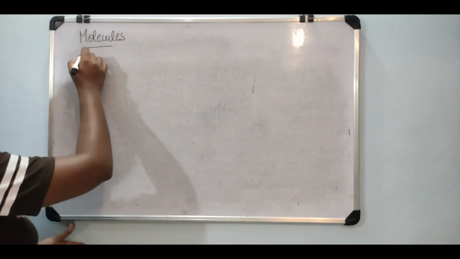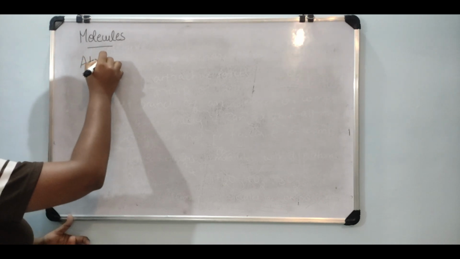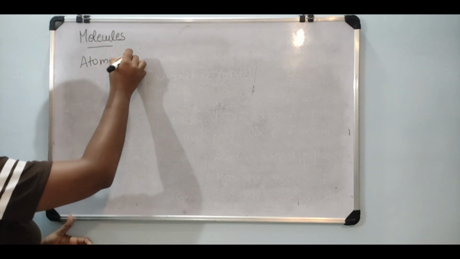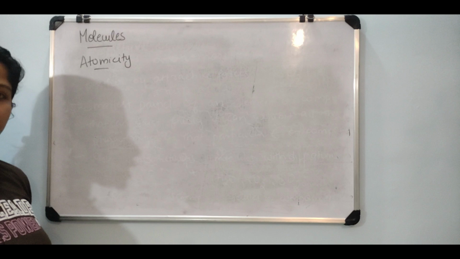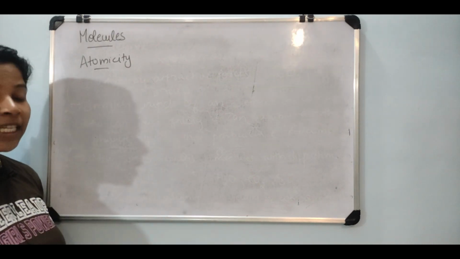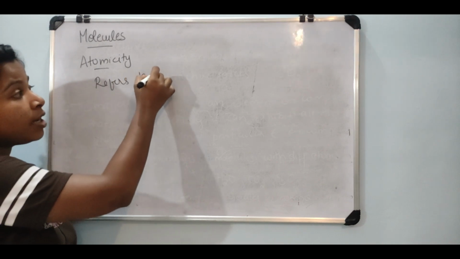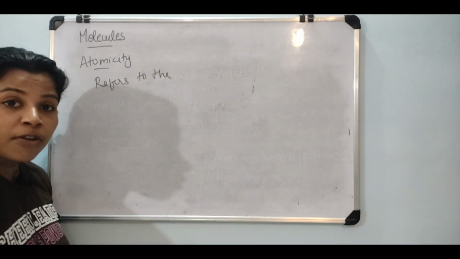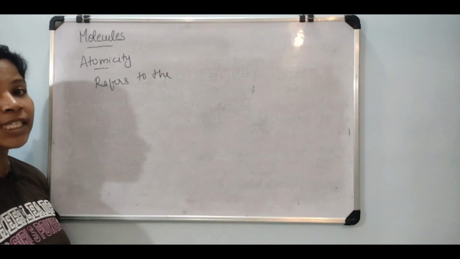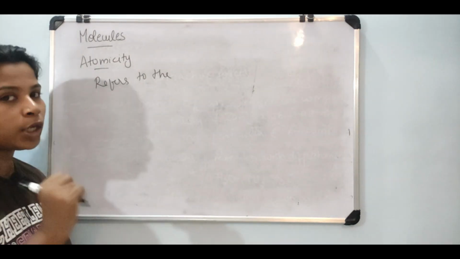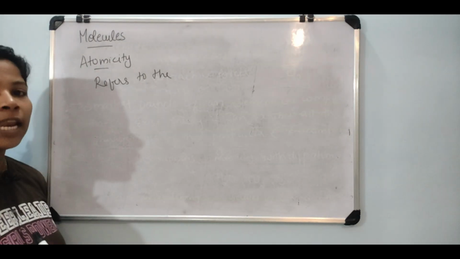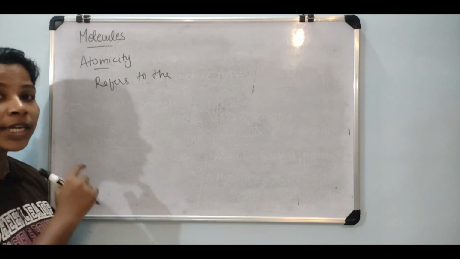Now we are coming to the next topic, atomicity. Okay, so what is atomicity? Atomicity refers to the number of atoms present in a single molecule of a compound, element or any substance. So what is atomicity?